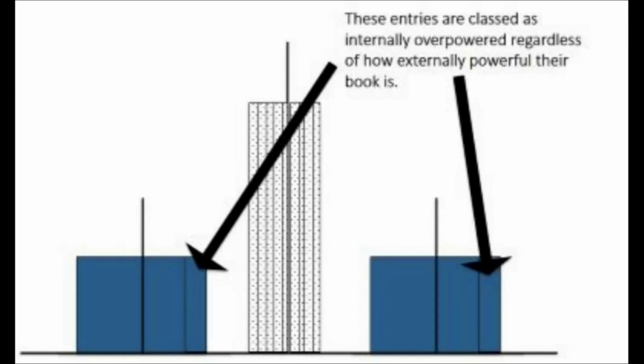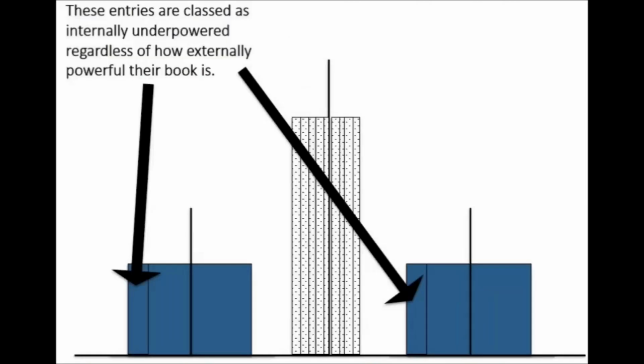So what? The internal power level is independent from the external power level of the whole book. And here we see the blue book's entries classified as internally underpowered regardless of how strong the external power of the book is. And that's the next picture.